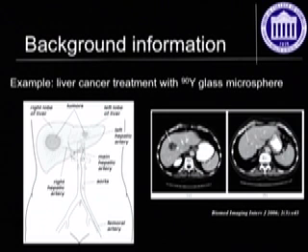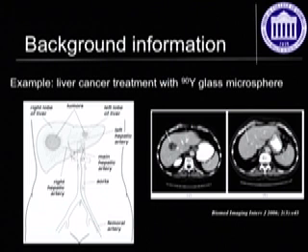So first, I would like to give some background information. In the 1960s, Dr. Larry Hench from the University of Florida first developed bioactive glass. The key characteristic of this material is biocompatibility.